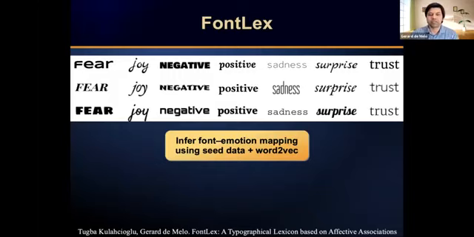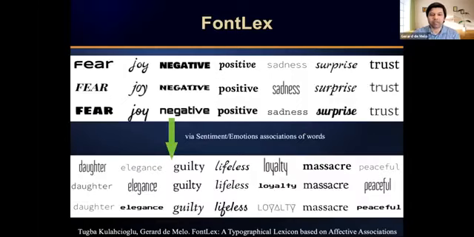So what we used was the seed data from the crowdsourced data set that was already pre-existing. And then we combined that with Word2Vec to derive these sorts of font assignments. And then having this now, we thought, okay, what if we now consult a general word emotion lexicon?